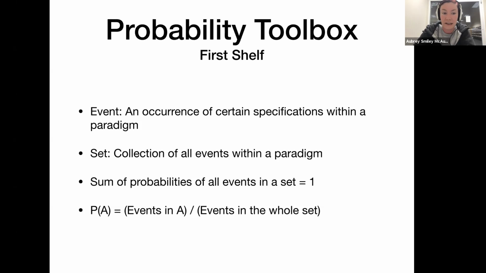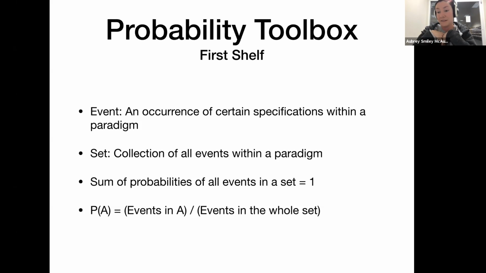So when I talk about an event, anything could be an event. If I were to write the numbers 1 through 10 on this whiteboard, every number would be an event. And then the set, written inside of curly braces, would be all of the events contained within the set. And the sum of all probabilities of all of the events in a set is always equal to 1, because 100% of the set is contained within the set.